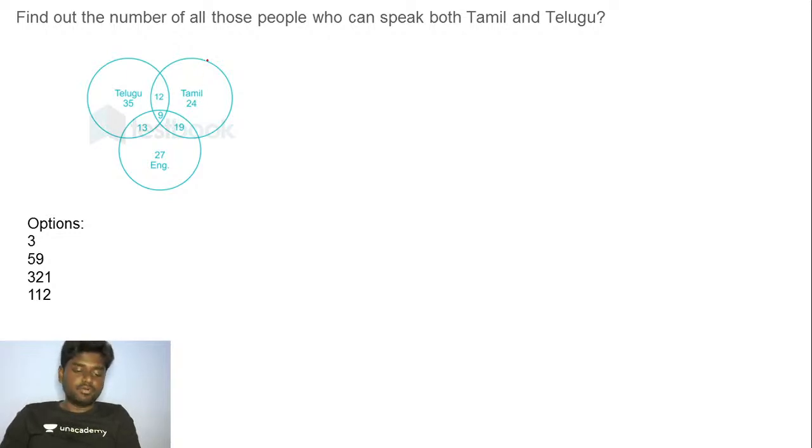So next question for you: find out the number of all those people who can speak both Tamil and Telugu. That's your question. Okay, come on, guys. Just by looking at the figure, what's going to be the right option? Tell me.